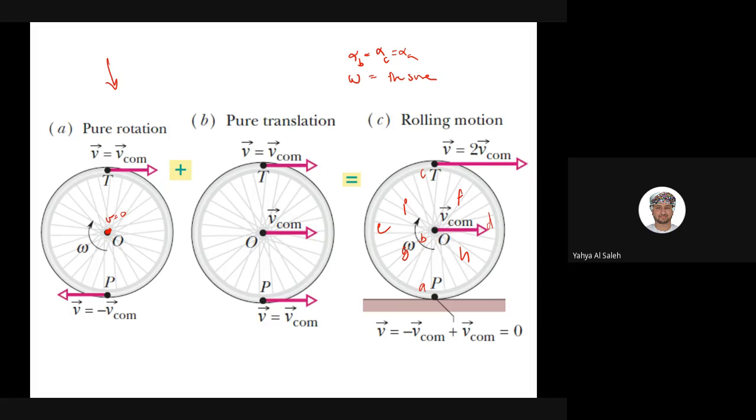You get different velocities. The reason it's 0 at the bottom is because this location is fixed on the ground, so it looks as if it doesn't move.